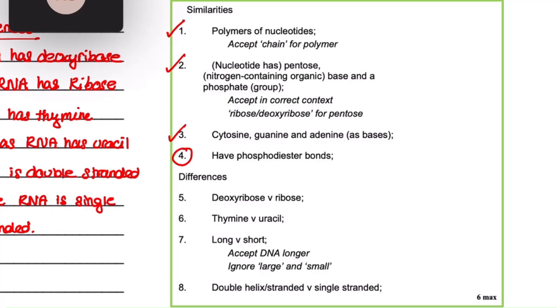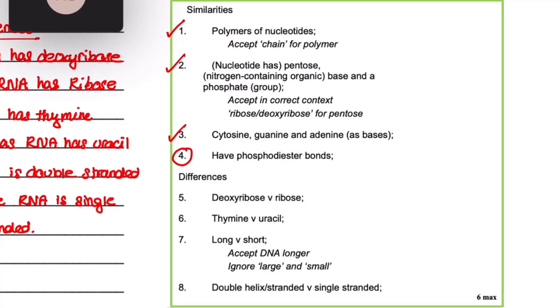The fourth point that we could have picked up on was that they both also have phosphodiester bonds. Okay, remember it's the strong covalent bond which is built between the phosphate of one nucleotide and the deoxyribose or the pentose sugar from the other nucleotide. Okay, it's the strong covalent bond that is formed between them two.